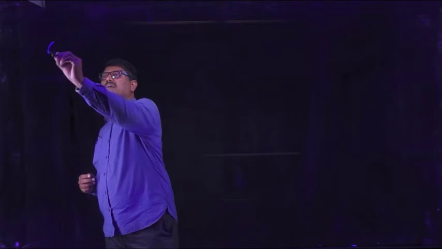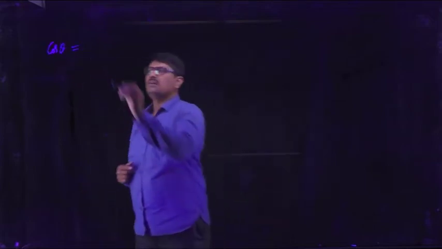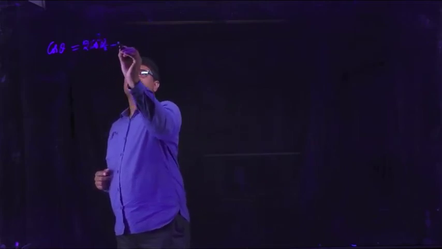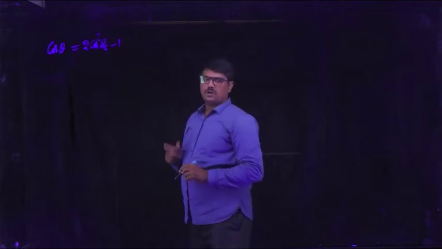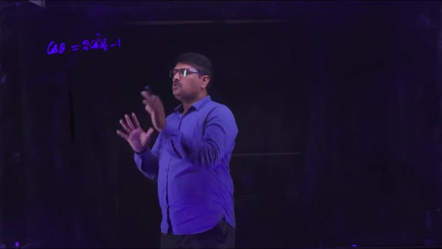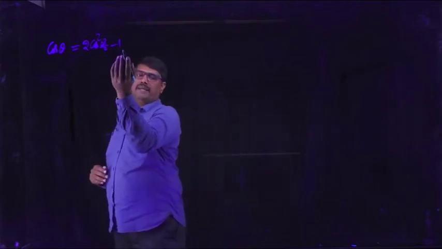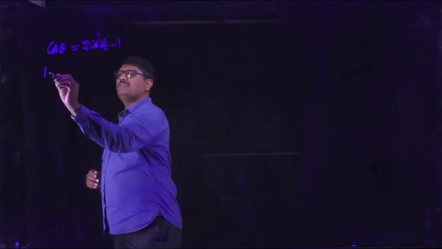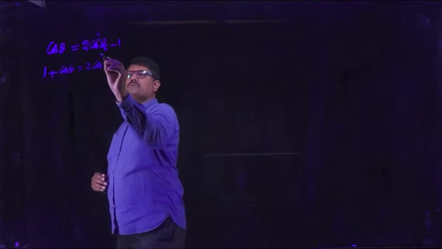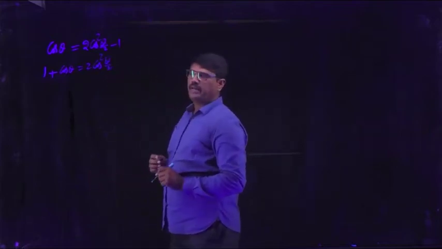Already we obtained the formula for cos theta in terms of cos, that is 2 cos square theta by 2 minus 1. So to get one format, I am converting this by moving minus 1 to the LHS. It will become plus 1. 1 plus cos theta becomes 2 cos square theta by 2.